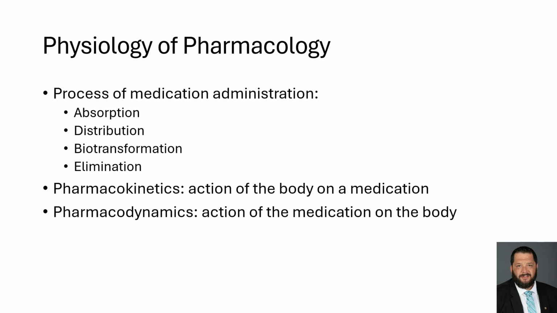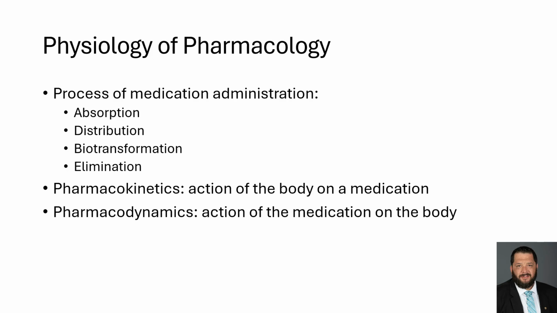body. Through the routes of administration, or once we administer a medication, it goes through several processes, and each of these processes is modified depending on the type of medication we've given, the route, the metabolic state of the patient, and what the intended effects or side effects may be.